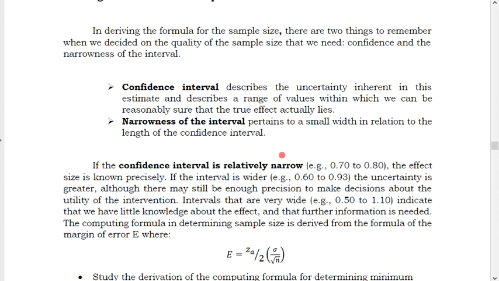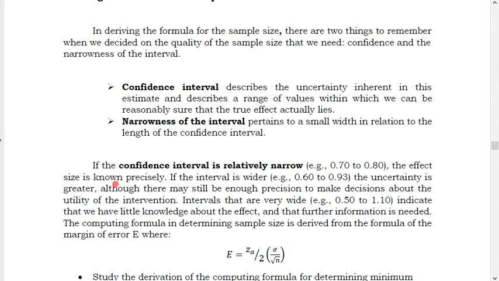Kapag sinabing narrow, maiksi lang yung range niya. Confidence interval is relatively narrow. Example, 0.7 to 0.80. So, maliit lang yung interval na yan.